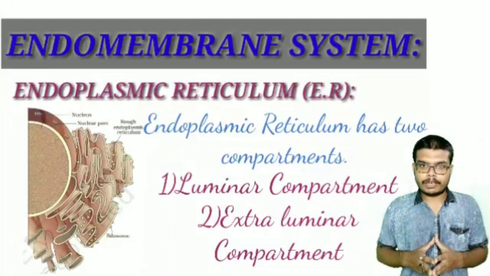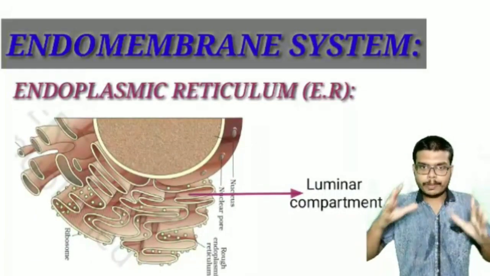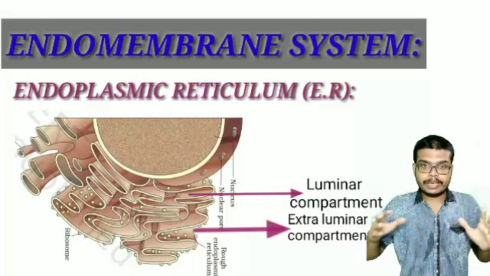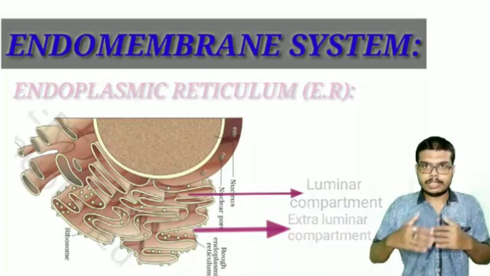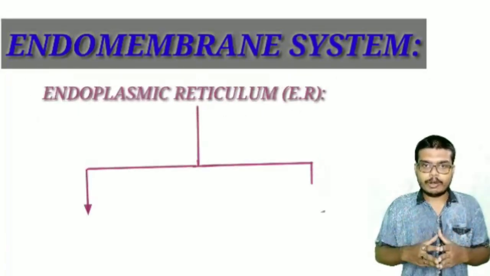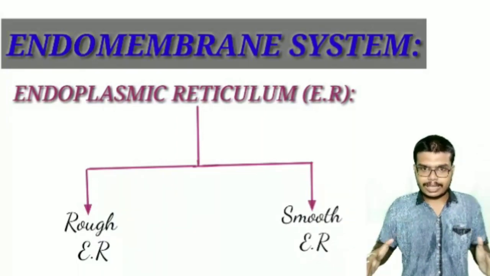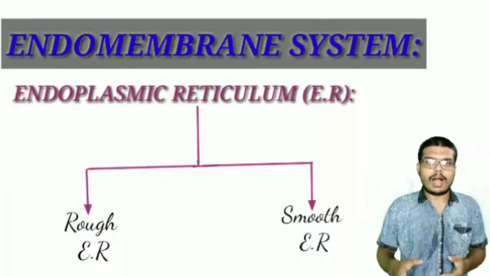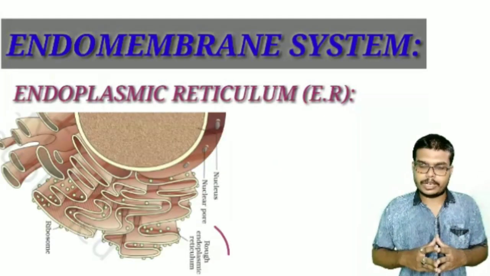The luminar compartment is the internal space enclosed by the endoplasmic reticulum membrane, and the extraluminar compartment means the space present outside of the ER membrane. The endoplasmic reticulum is divided into two types: one is smooth endoplasmic reticulum, another one is rough endoplasmic reticulum.